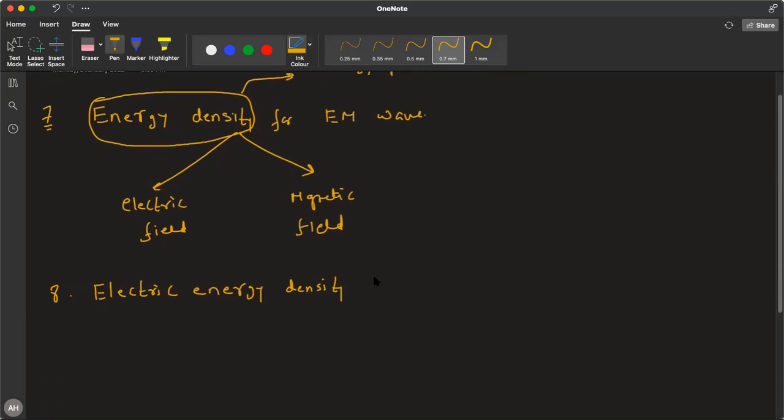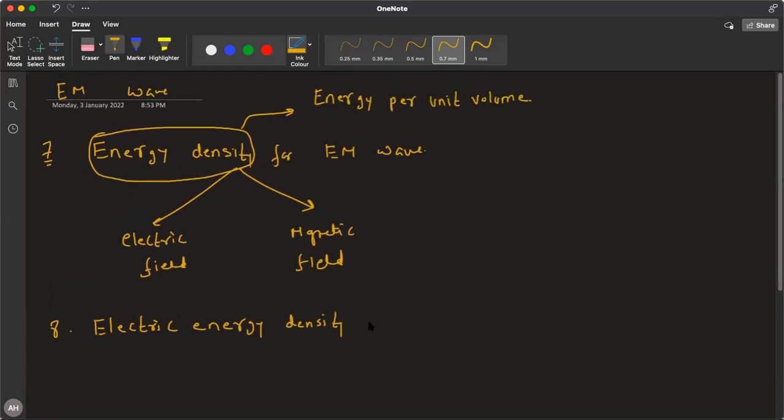So electric energy density means the contribution of energy from the electric field only. And we write this energy density in this way: half epsilon naught E square. This is the electric energy density.